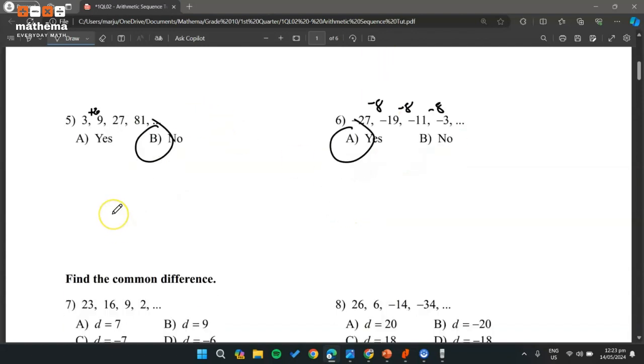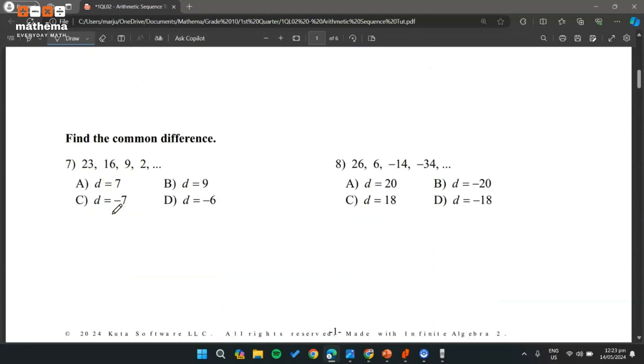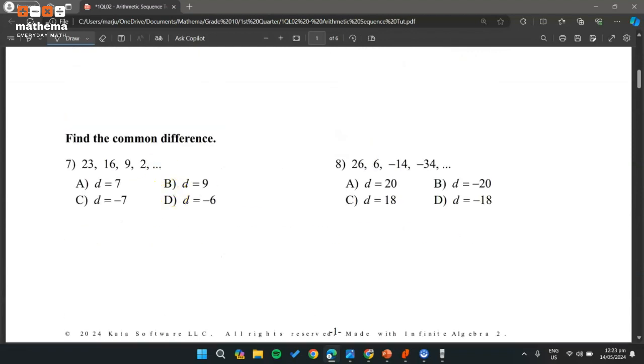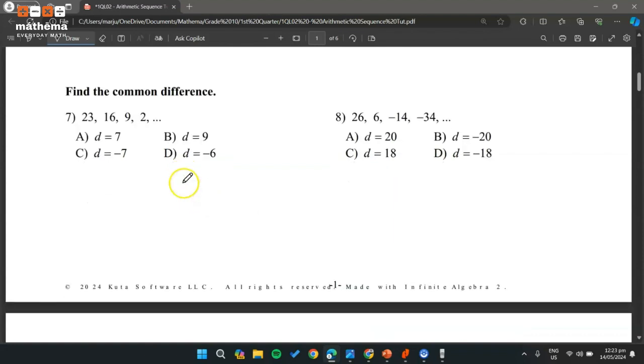Now let's have number 7. From number 7 up until number 12, we are asked to find the common difference. It is given that these sequences are already arithmetic, so all we have to do is find the common difference. To do that, we simply subtract the previous term from the term.